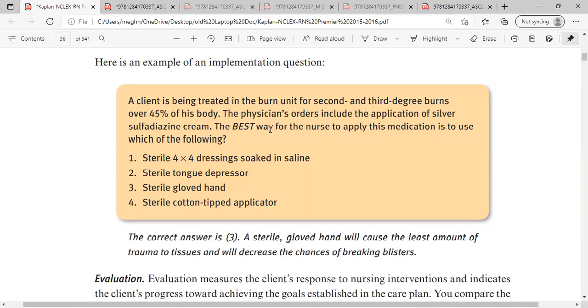The best way for the nurse to apply this medication is to use which of the following? When a patient comes to hospital because of burns, it is important to give them the ointment to prevent the fluid loss. So burn assessment is important.